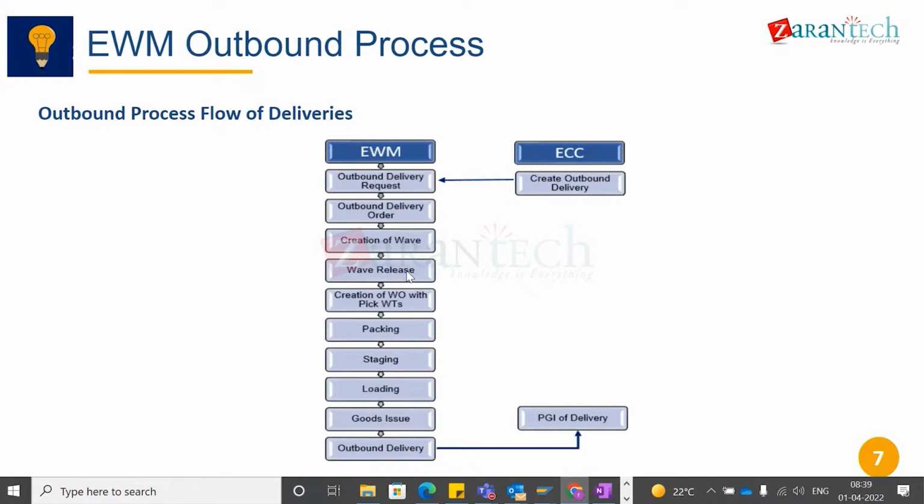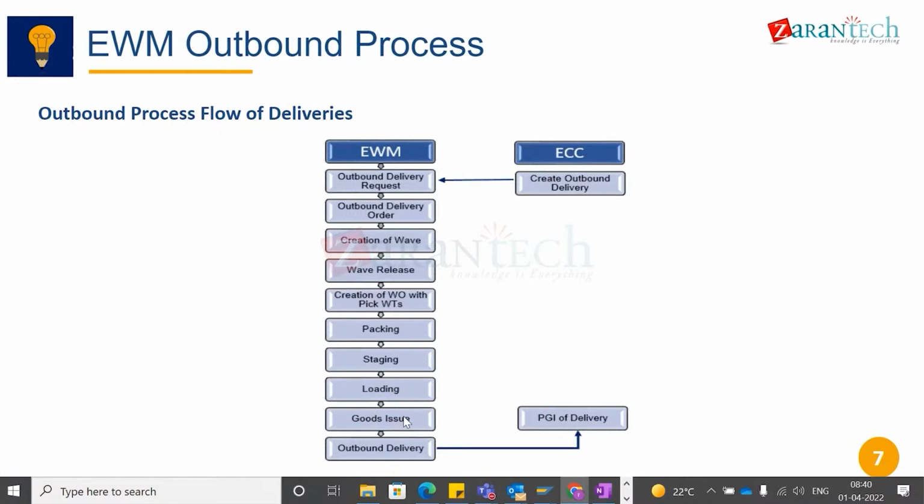Once the wave is created, the wave will be released. Then once the wave is released, you will have the creation of the warehouse order with the picking warehouse task. Then packing, if you have the packing step, then staging, if you have the staging step. Once the staging is completed, the next process is loading. Once the loading is completed, you will have the goods issue process.